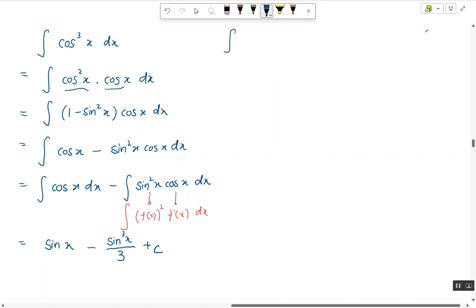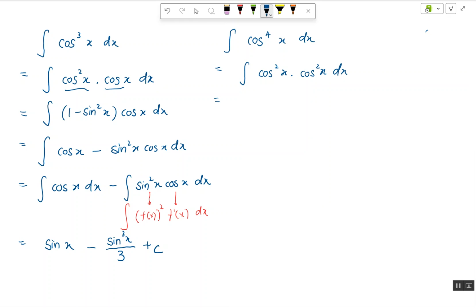But what happens if it is cosine to the power of 4 x dx? Same thing. We are just going to split it up into cosine to the power of 2x multiplied by cosine to the power of 2x. Again, this is not the time to apply the double angle formula. But actually, if you do that, it might be possible, it's just that the working is longer.